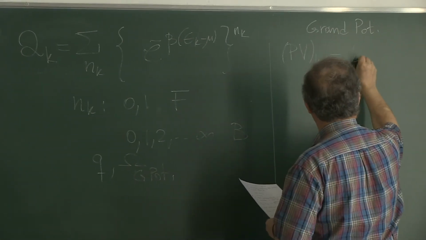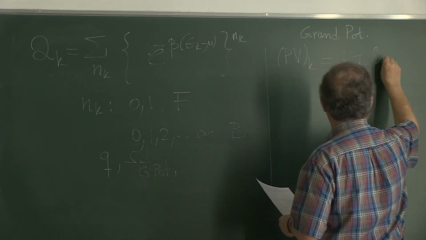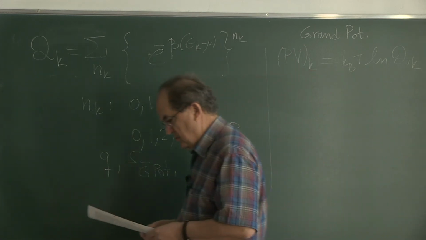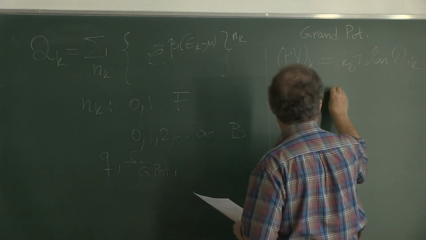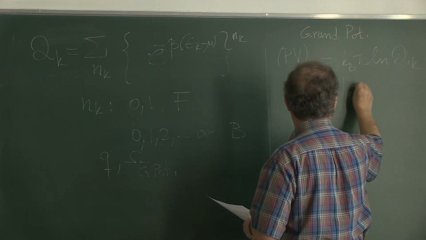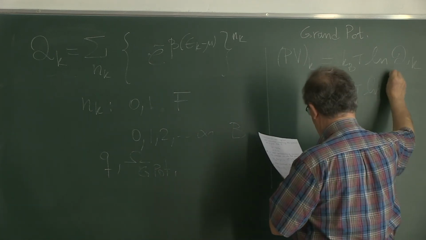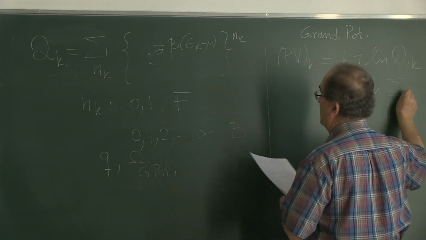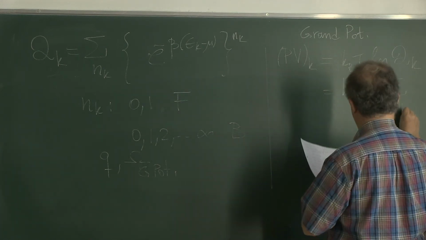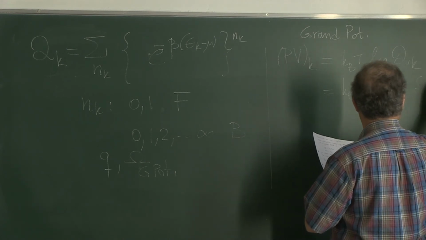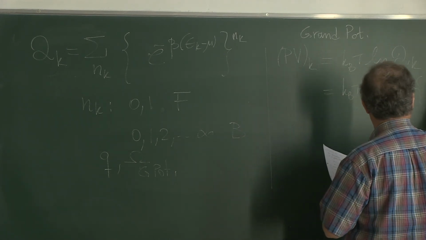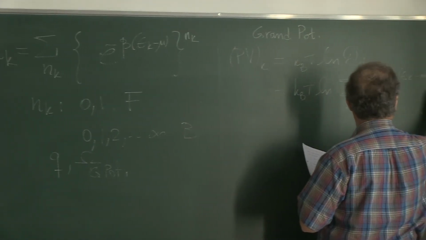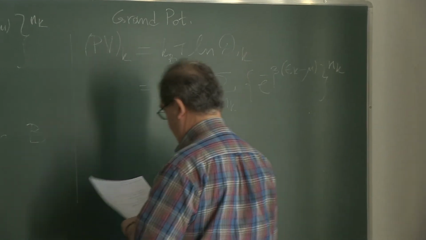That will be minus k_B T ln of the partition function, or minus k_B T ln of this sum I have written, over n_k, of e to the minus beta (ε_k minus mu) to the power n_k.